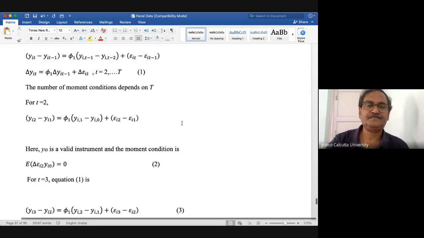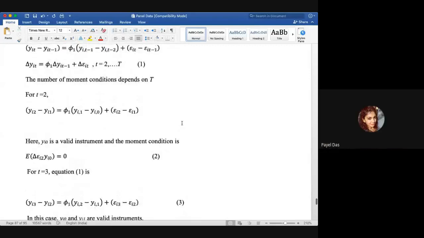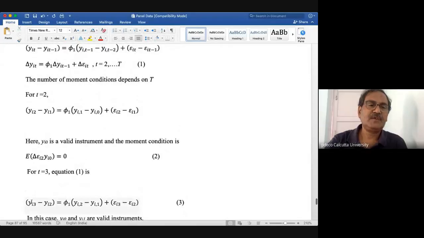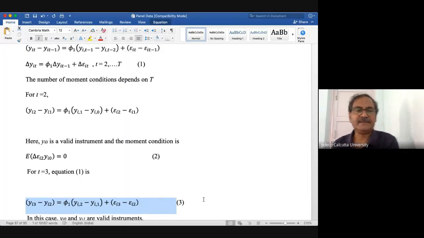Right? Yes, sir. So you will get this equation at t is equal to 3.